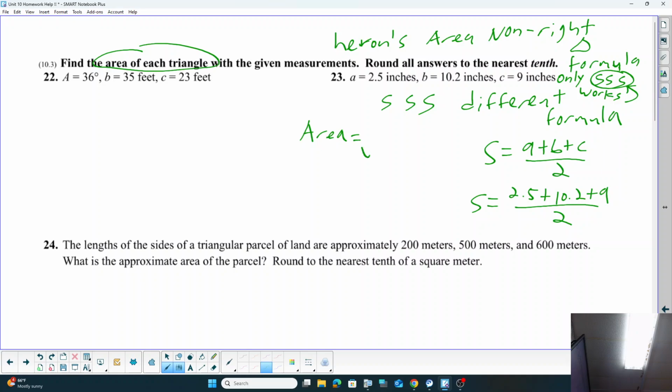Okay, so that's going to be the square root of that S, whatever we find right here, times S minus each of those sides. So that's S minus A times S minus B times S minus C. So let's give that a try.